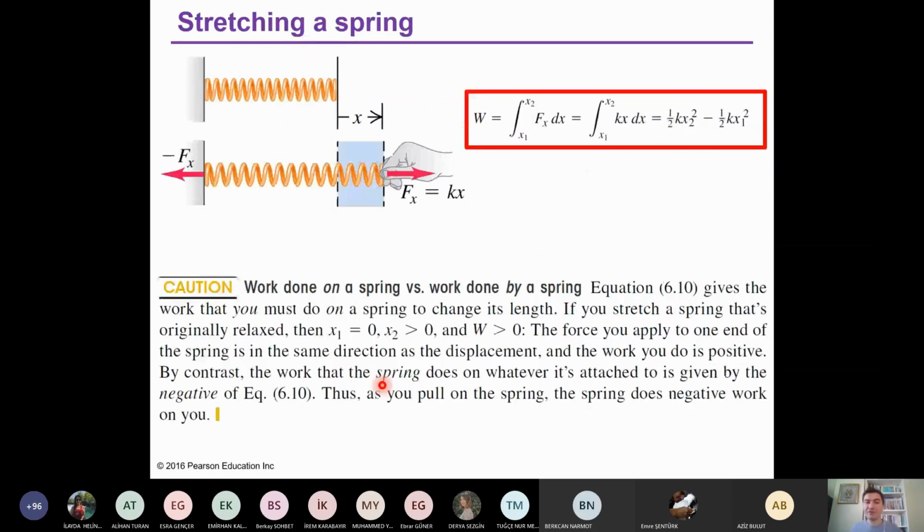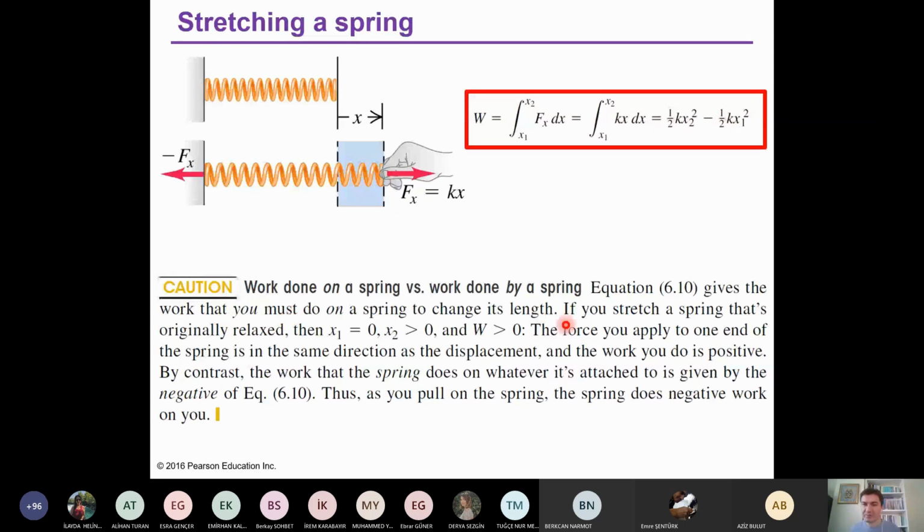Here we have a caution from the book, work done on a spring versus work done by a spring. I have already discussed this, but here I will read the caution. This equation here gives the work that you must do on a spring to change its length. So in order to change the length of the spring, I apply this force and I do this work on the spring.